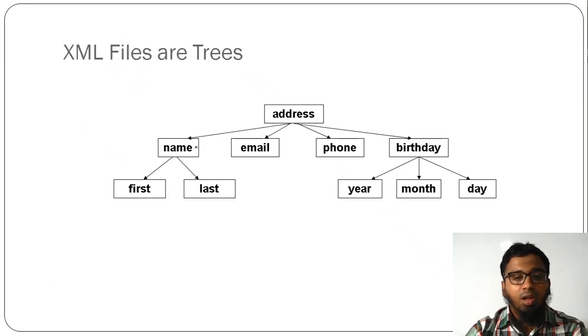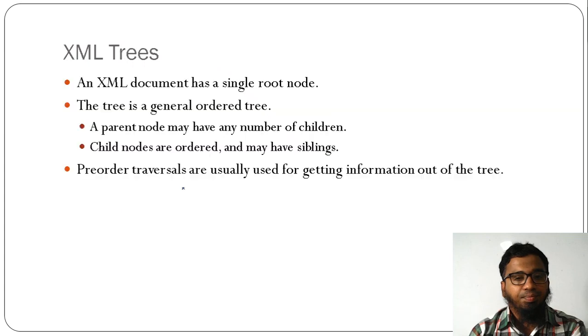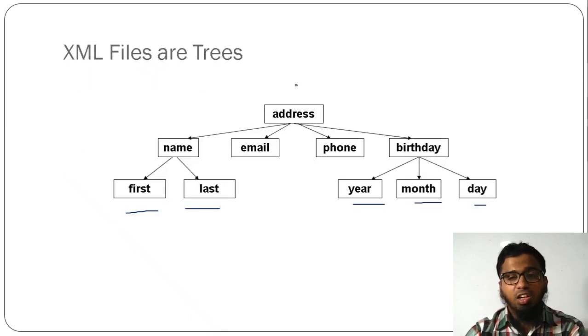Then in the address name again is expanded into first name and last name, and in birthday it is divided into year, month and day. So this is the structure of an XML file, or tree. Okay, XML tree. What is a tree? An XML document has a single root node. Single root node. This is the root.